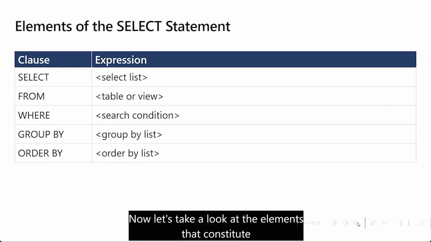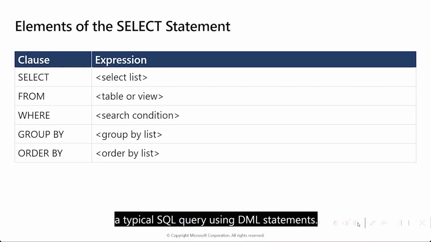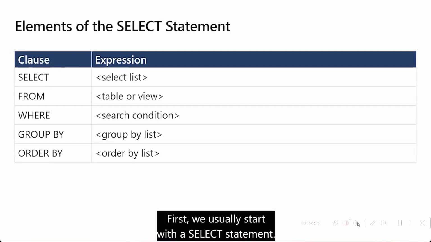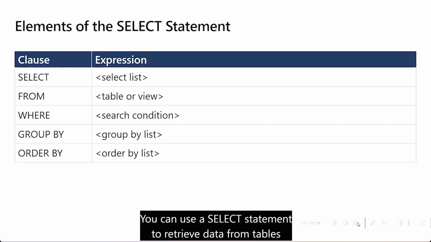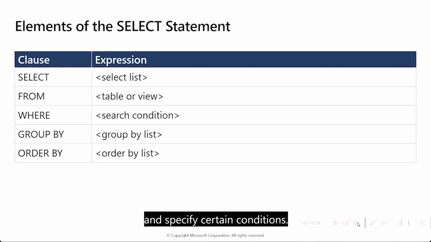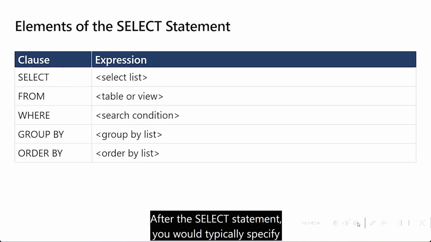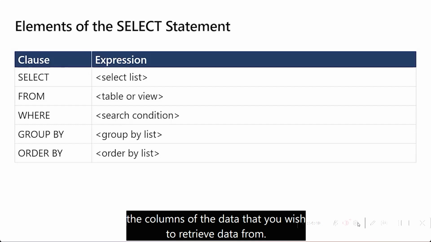Now let's take a look at the elements that constitute a typical SQL query using DML statements. First, we usually start with a select statement. You can use a select statement to retrieve data from tables and specify certain conditions. After the select statement, you would typically specify the columns of the data that you wish to retrieve.